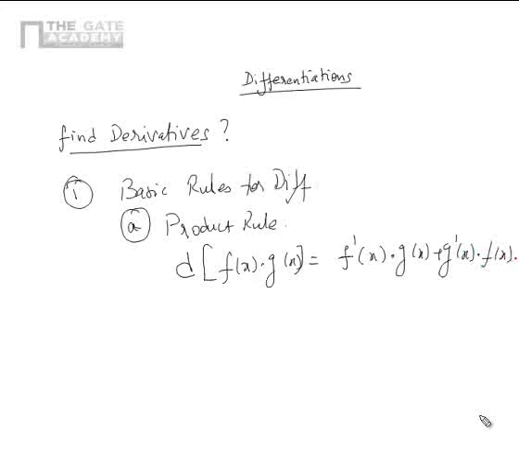That is, when I differentiate a product, I keep one function as constant and differentiate the other, then I differentiate the other function and keep the first one as constant. Correct? Then there is something called the quotient rule.